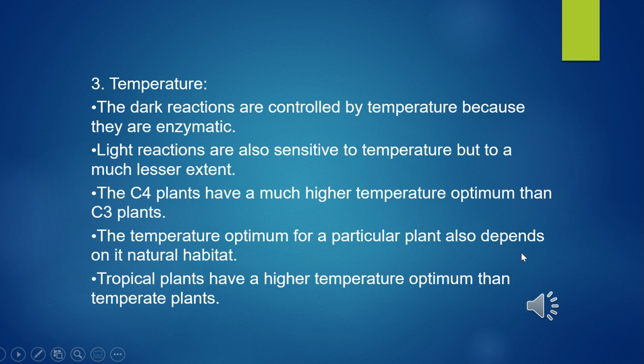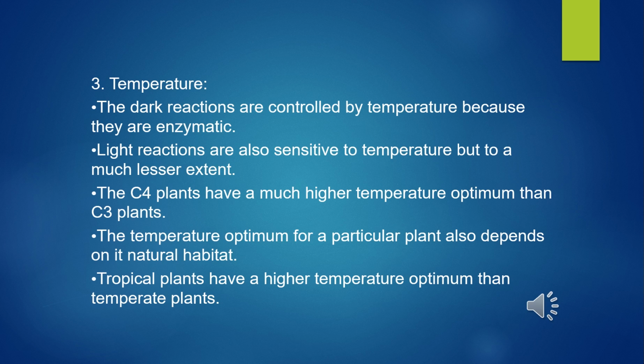Next limiting factor is temperature. The dark reactions being enzymatic are temperature controlled. Though the light reactions are also temperature sensitive, they are affected to a much lesser extent. The C4 plants respond to higher temperatures and show higher rate of photosynthesis, while C3 plants have a much lower temperature optimum.